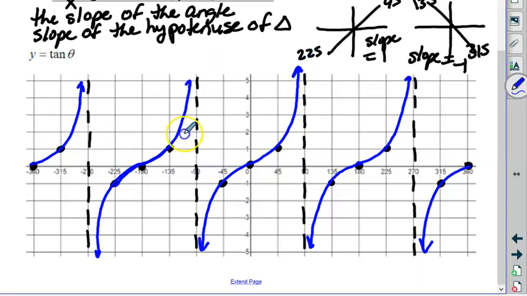But if I'm only looking at this middle curve, the whole graph is contained between negative 90 and 90 for this middle section, and this whole section is contained between 90 and 270, and it can't cross over into the other section. So that's the difference between the tangent graph and the x cubed graph.